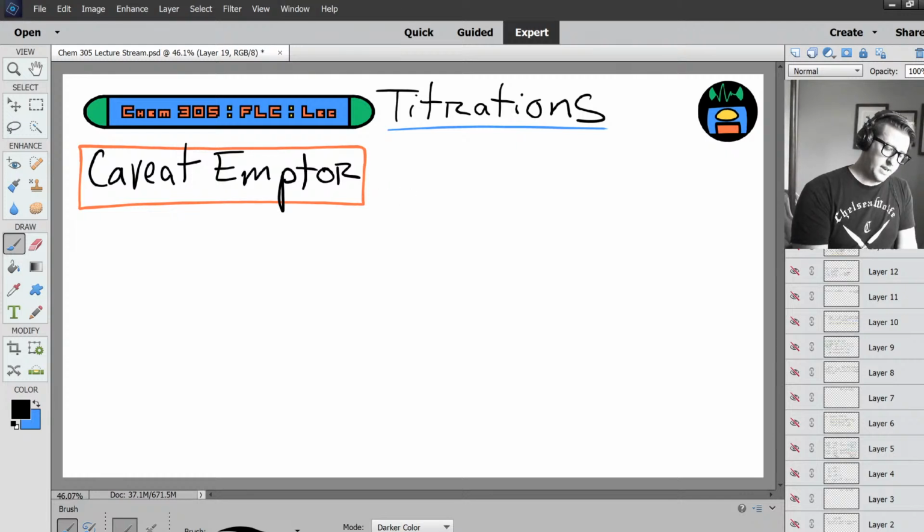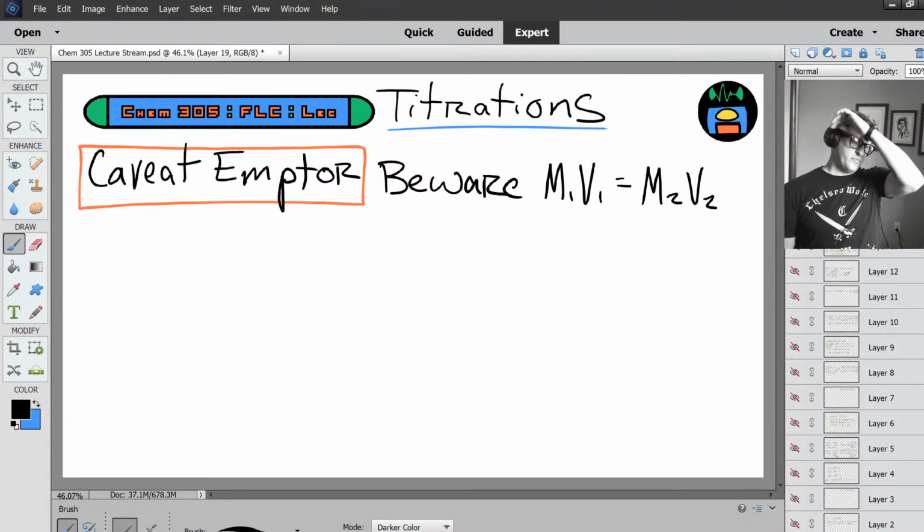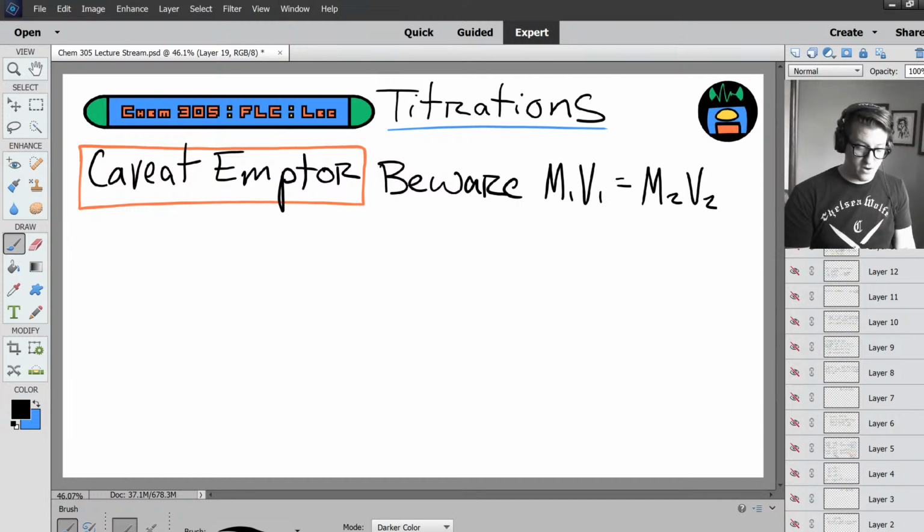I even know it's in some of our lab manuals, but often the dilution equation, M1V1 equals M2V2, is, they say, oh, if you're doing titration, use the dilution equation. And I'm here to tell you that you've got to be careful.